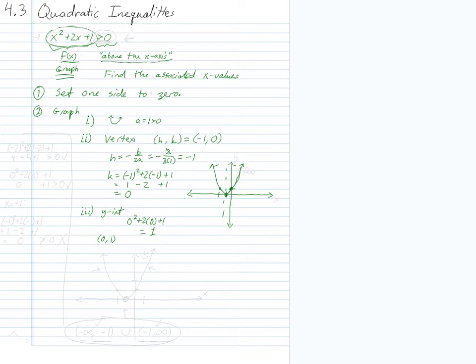Alright, now we go back to the original inequality and look at what we're trying to achieve. We would like the part of the graph which lies above, and I say above, so strictly above, the x-axis.